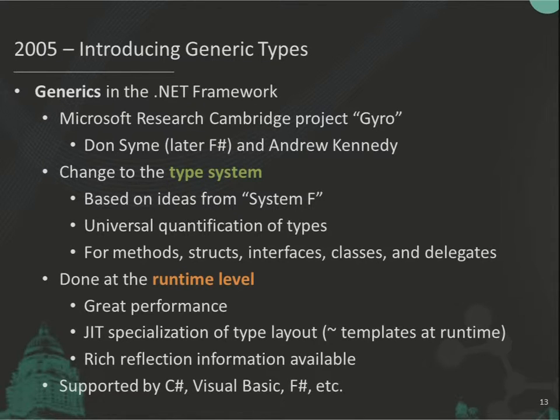It's done at the runtime level, which is really a little bit like C++ templates, but done in the JIT compiler. That's something you could think of, but it's more preserving rich reflection info than anything else would actually do. And it was actually supported immediately by C#, Visual Basic, and a lot of other .NET languages.